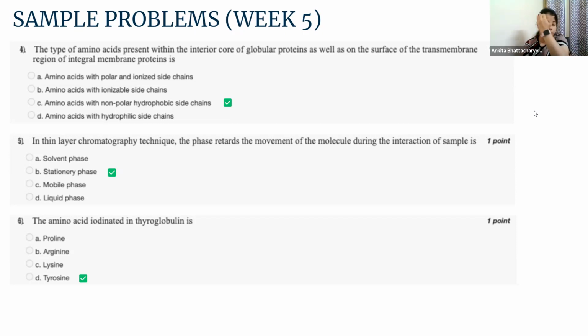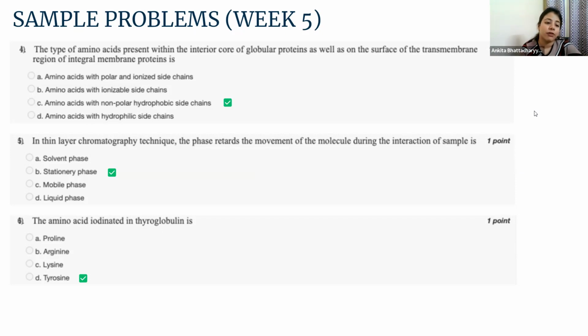If an amino acid is present right at the core of a globular protein, it means it won't be stable when it is in contact with the cytosol or with water. So the answer is the amino acid that has a non-polar hydrophobic side chain. So that is the answer to this question.